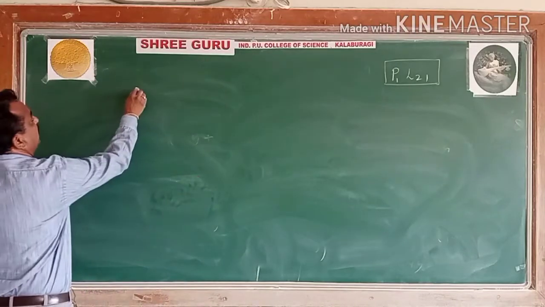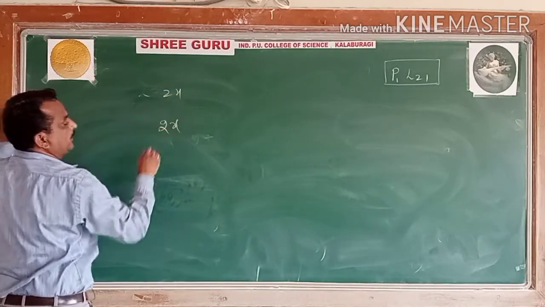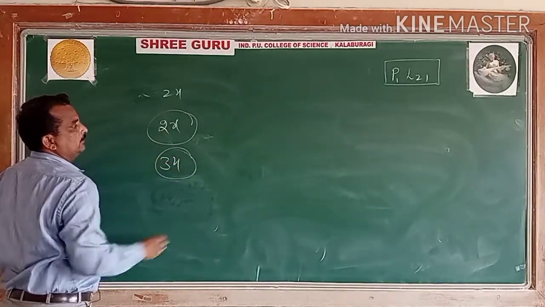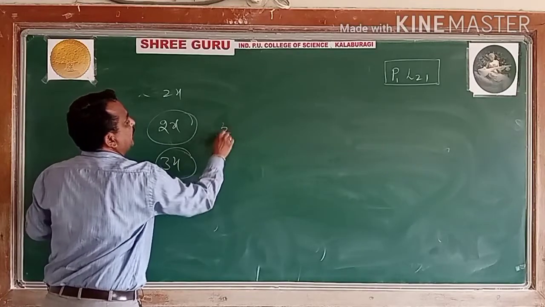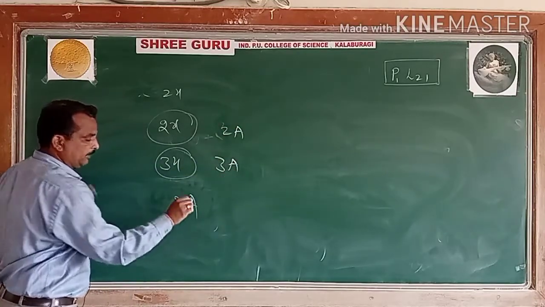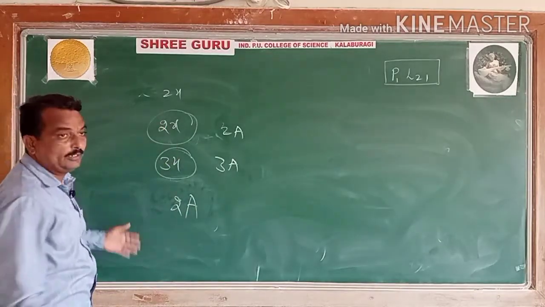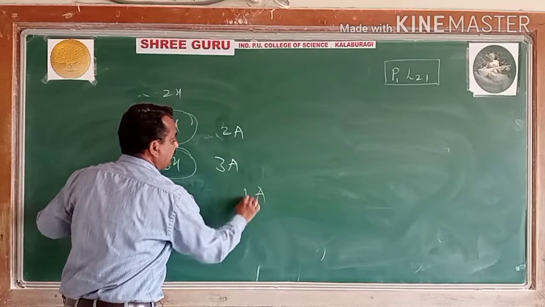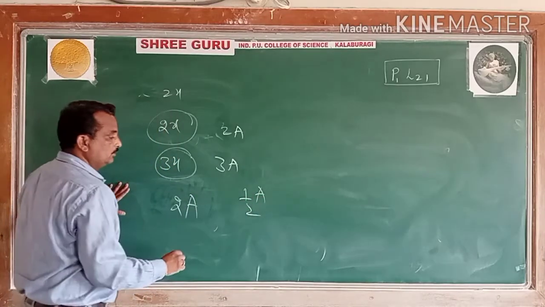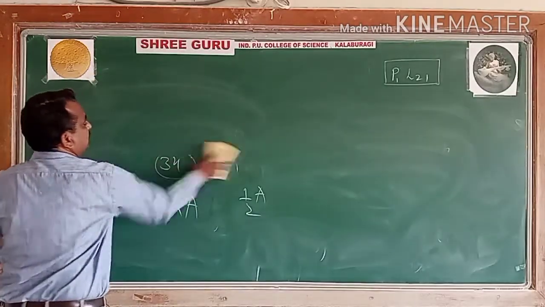In 2x, x is any angle and 2 is multiplied, so it is a multiple angle. Likewise 2a or 3a, where a is any angle multiplied by 2 or 3, are multiple angles. Submultiple means a half of any angle, 1 by 2. You have to study the multiple and submultiple angles also, students.